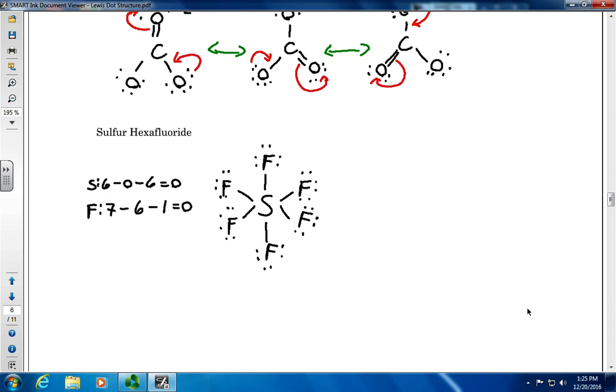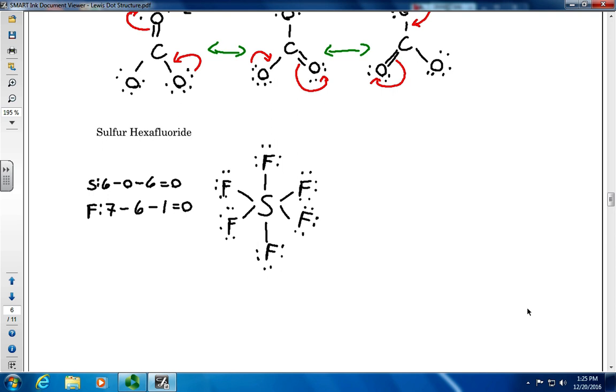It's quite satisfied. Now, if we were to add all these up, 7 times 6 is 42, plus 6 is 48. So let's count up everything, make sure we have all of our electrons in place. Each of these bonds counts as 2, and we have 6 of them, so that's 12.